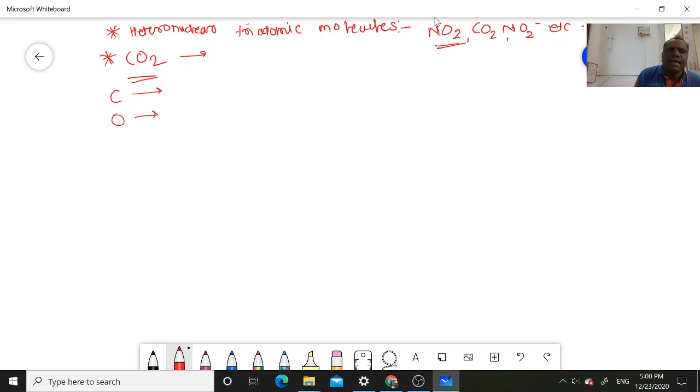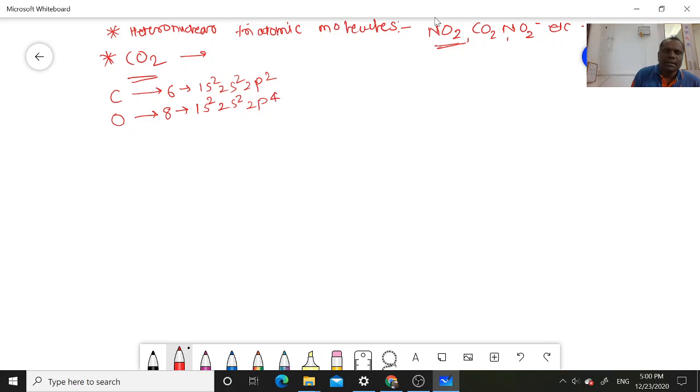We know that carbon, atomic number 6, has the electronic configuration 1s2, 2s2 and 2p2. Oxygen, with atomic number 8, has the electron configuration 1s2, 2s2 and 2p4.